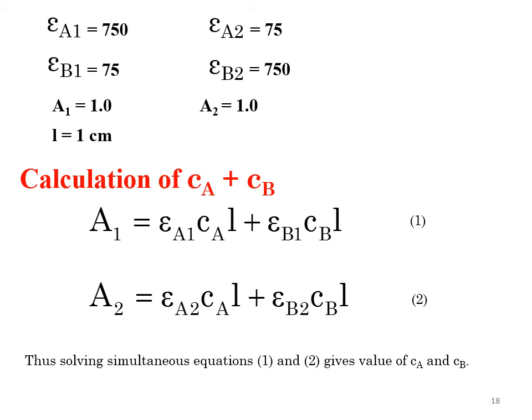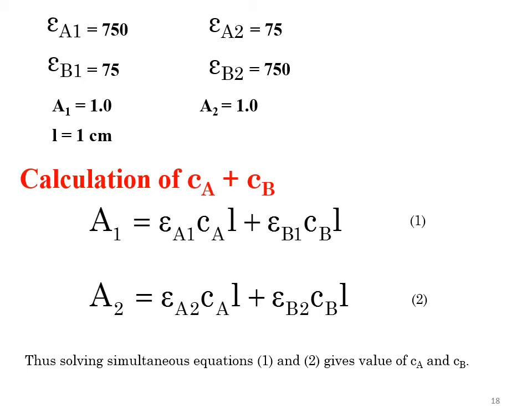Let the absorbance of the mixture solution at lambda 1 be represented by A1 and its value is equal to 1, and the absorbance of the mixture solution at lambda 2 is represented by A2 and its value is also equal to 1. The value of path length L is also equal to 1 centimeter.